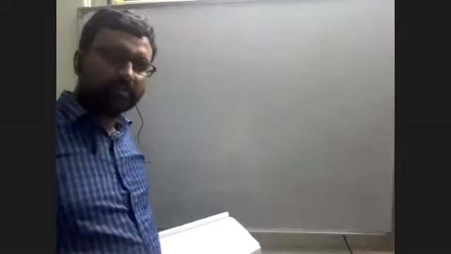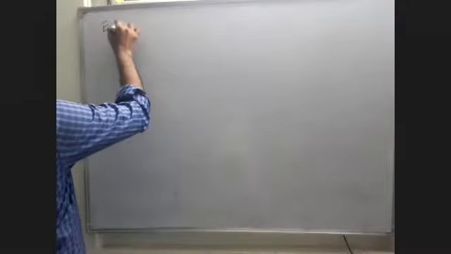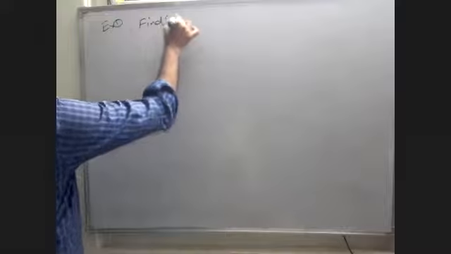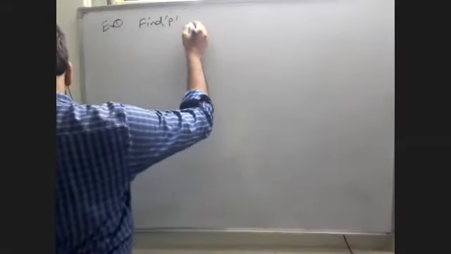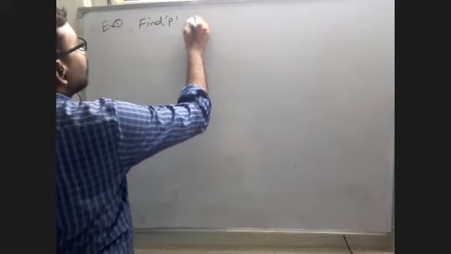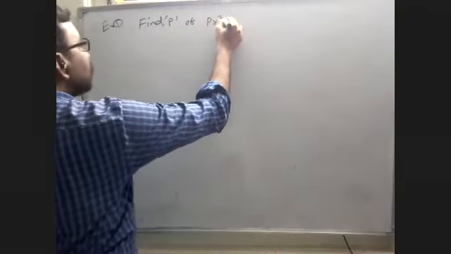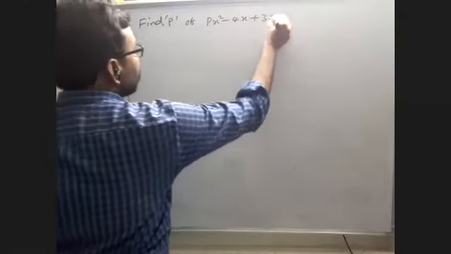Without solving the following equation, find the value of p for which the roots are real and equal of the equation px square minus 4x plus 3 equal to 0.